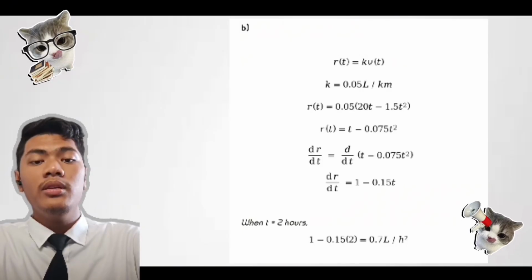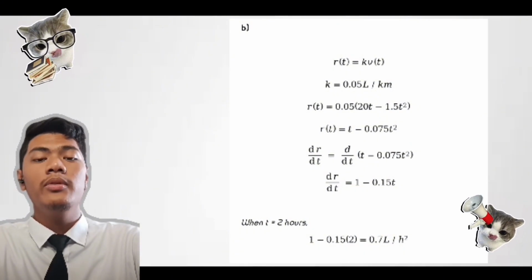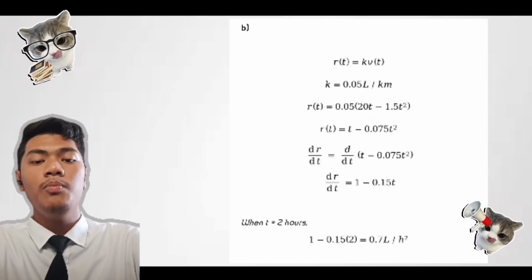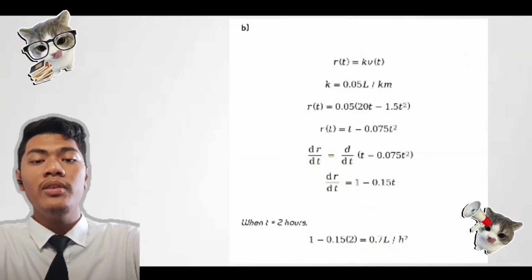We substitute this velocity function into the fuel consumption equation, resulting in R(t) equals 0.05 times (20t minus 1.5t squared). To find the rate of change of fuel consumption, we differentiate R(t) with respect to time. The result represents the rate of change of fuel consumption with respect to time, which equals 0.7 liter per hour squared.